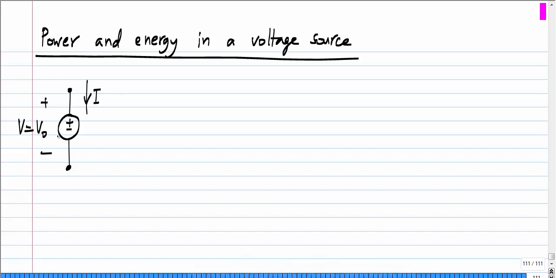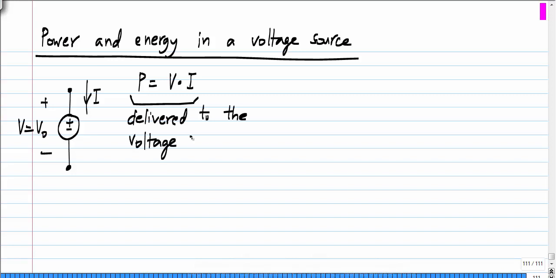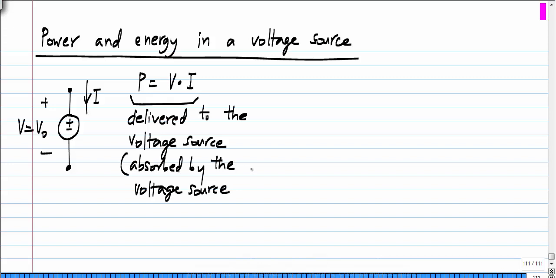Of course, just like for any other element, the power is the product of V and I. It is important to remember that this is the power delivered to the voltage source, or in other words, absorbed by the voltage source.